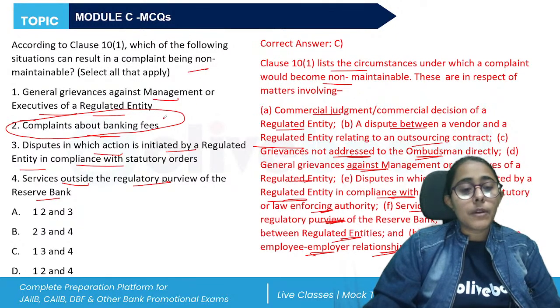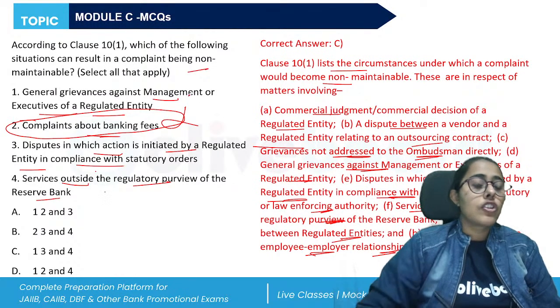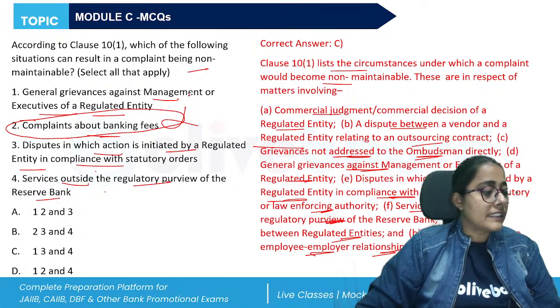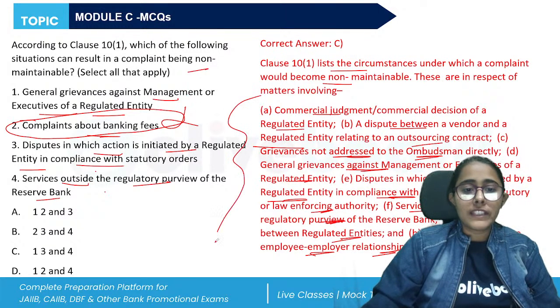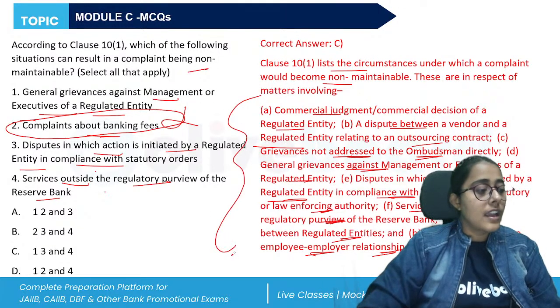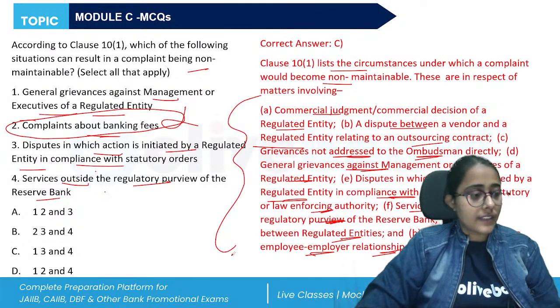So the complaints about the banking fees cannot be declared as non-maintainable. Rest all of these can be declared as non-maintainable, and these are given under clause 10 subsection 1 of the scheme. Alright, so you need to remember all of these because a question like this can be asked in the examination.